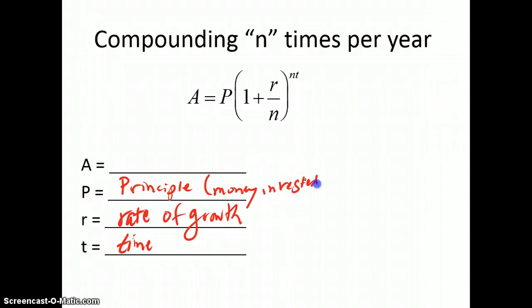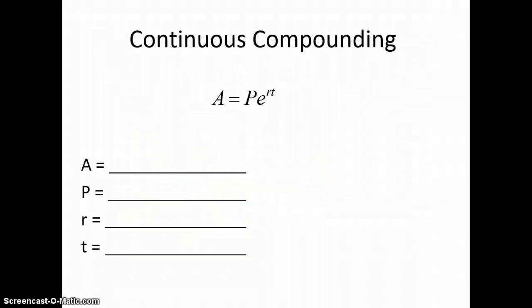Okay, it's how much you started with. And then A is your final amount that you end up with. So you put money into a bank account, it compounds a certain amount of times, and then you get the final amount out. That is what A means. And notice, final amount. Alright, so that's compounding n times per year.